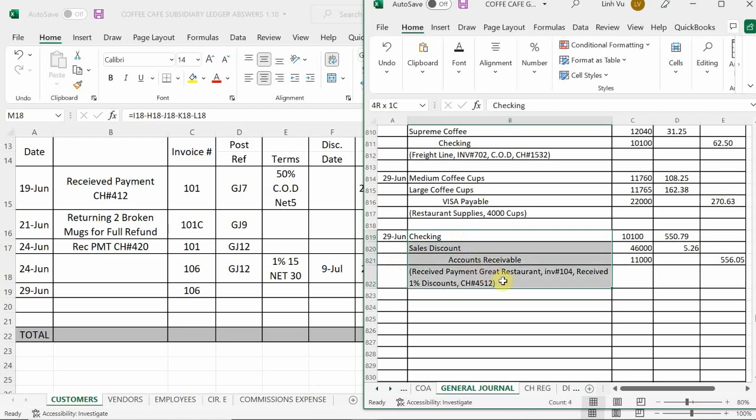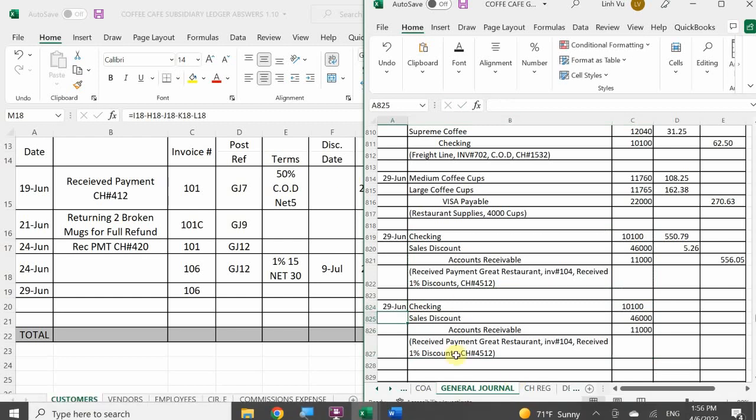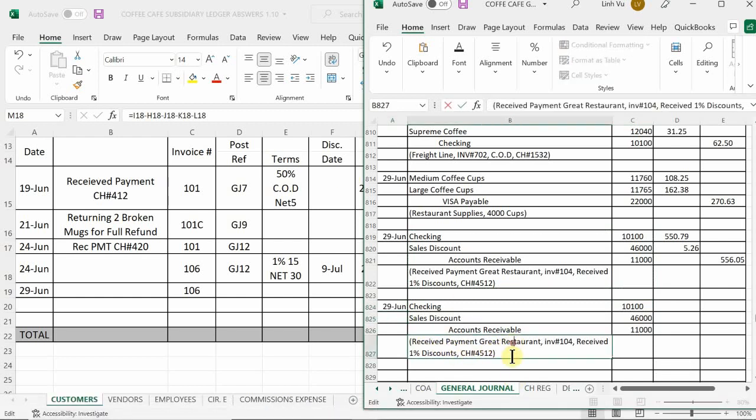So you can go ahead and copy this. Receive payment from Katie's Coffee Corner, invoice number 106. Received 1% discount.